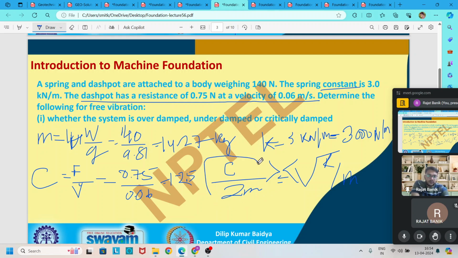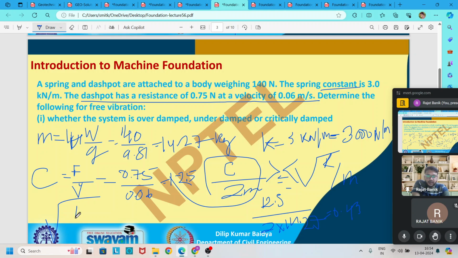So first we find C by twice m. C here is 12.5, and m is 14.27, so it is 12.5 divided by 2 times 14.27. It becomes 0.43, this ratio.